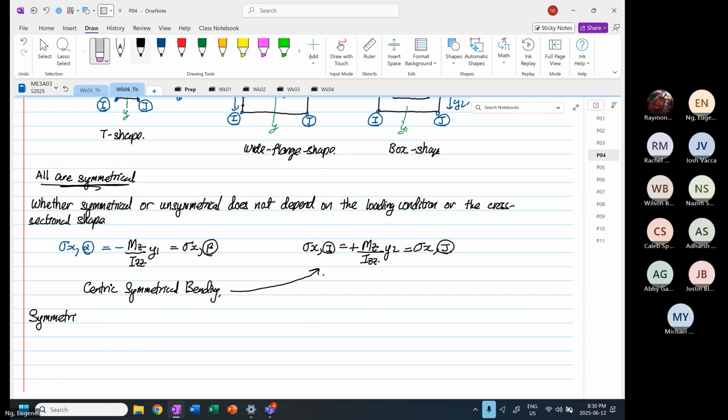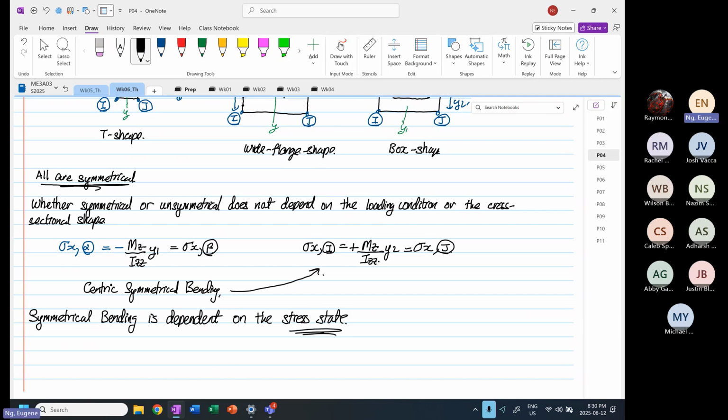Symmetrical bending is dependent, I should not rush, is dependent on the stress state.